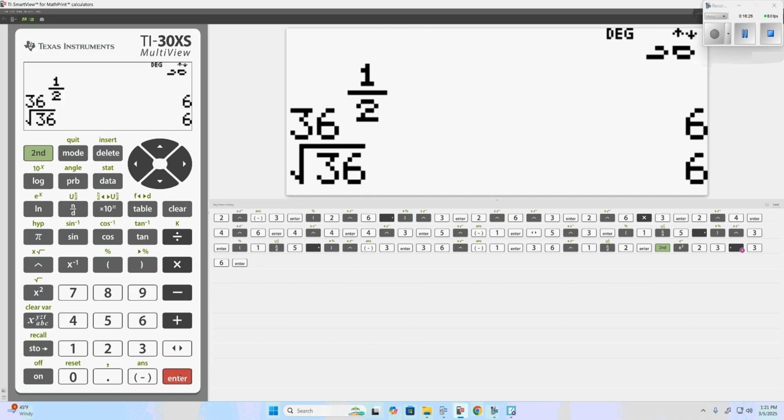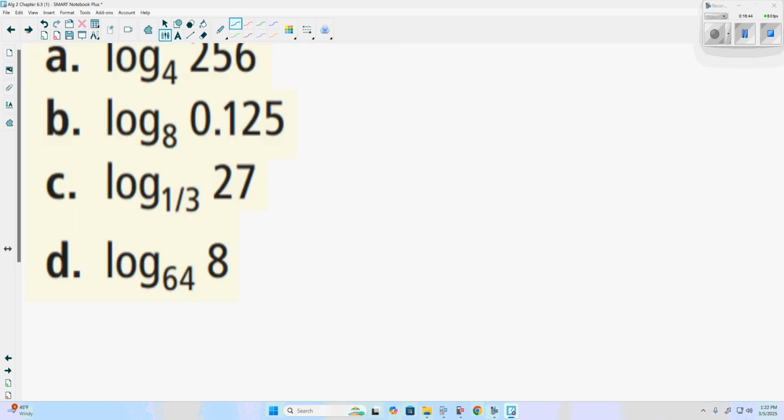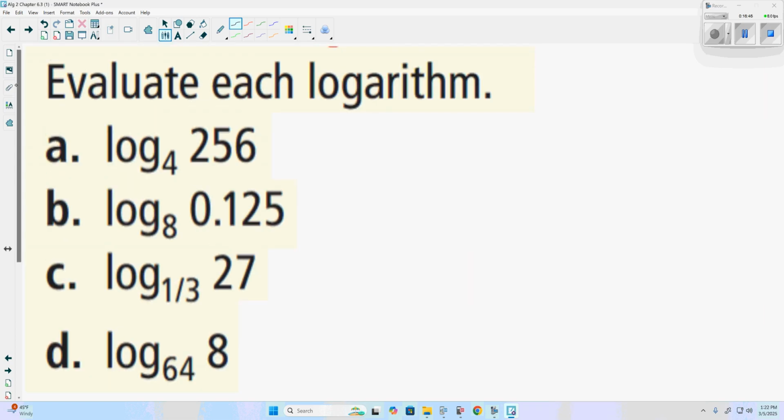Square root of 36 is 6. As we went over yesterday, 1/2 is the same as our radical. Questions on this here? All right.